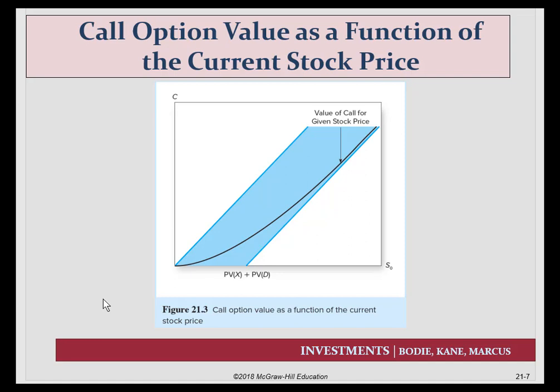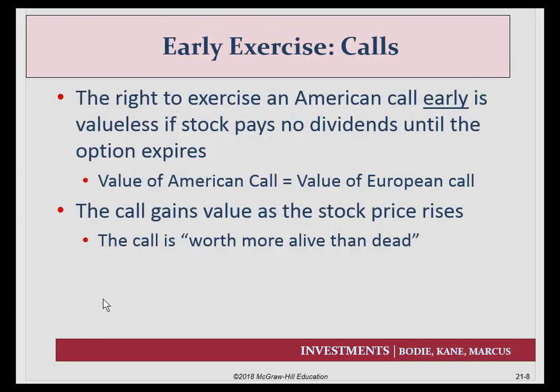But we do need to understand that with respect to things like arbitrage and other choices, there are boundaries for pricing. So the right to exercise an American call early is valueless if the stock pays no dividends until the option expires. So what does this mean? Remember, with an American call, you can exercise prior to maturity.